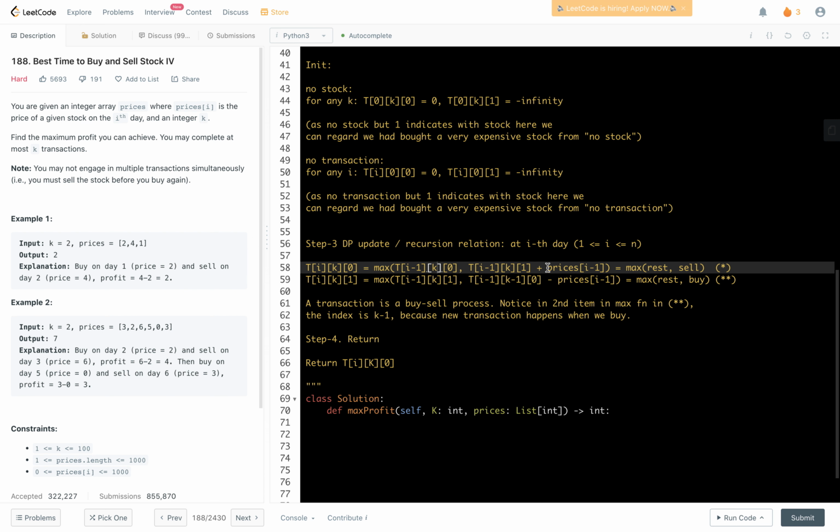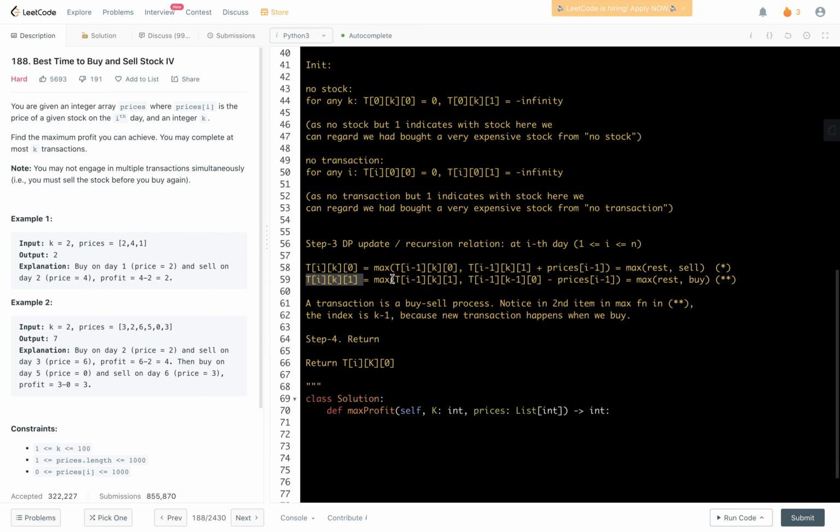And also, if on day i minus 1 we have stock, then we can sell the stock at the price. So this first term, T[i-1][k][1], means we have stock at hand on day i minus 1, so we can sell the stock to gain this amount of profit. In other words, T[i][k][0] comes from two sources on day i, either rest or sell a stock. So this is equation star.